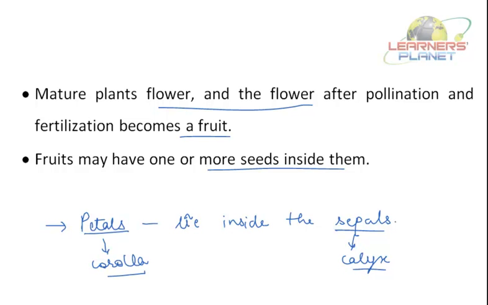So students, the sexual reproduction in plants takes place in various steps. The male organ of a flower, called a stamen, makes the male gametes of the plant, and these male gametes are present in the pollen grains. Afterwards, the female organ of a flower, called pistil, makes the female gametes of the plant, and these female gametes are present in ovules. So the female gametes present in ovules are called ovum or egg.